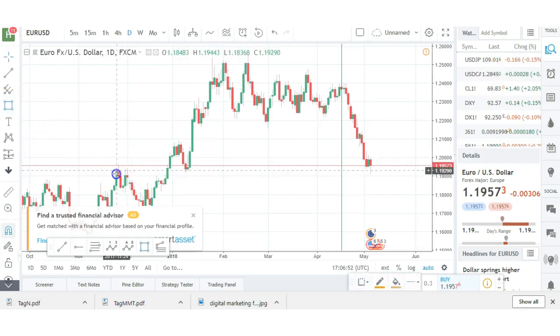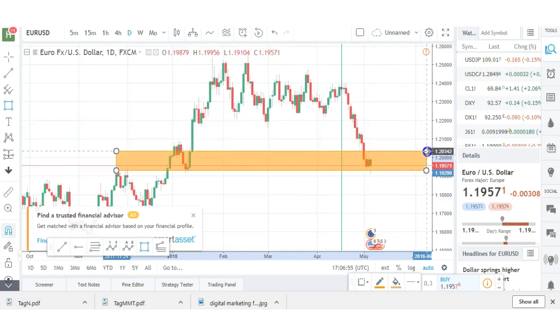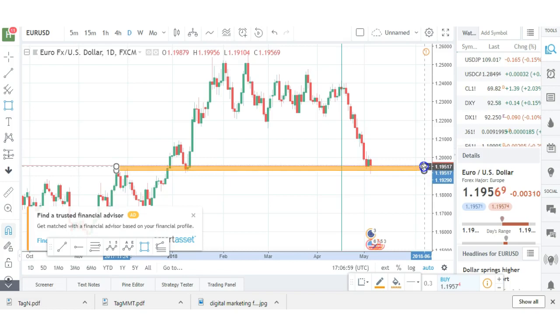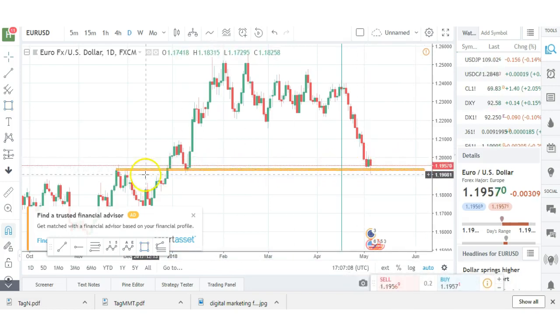Okay, now what do we have here? Where are we sitting? If you guys watch my previous videos, you would see how I like to draw my support and resistance. Okay, that is that zone. Where are we now? If we don't break below this zone and hold, we're most likely going to get a move back up.